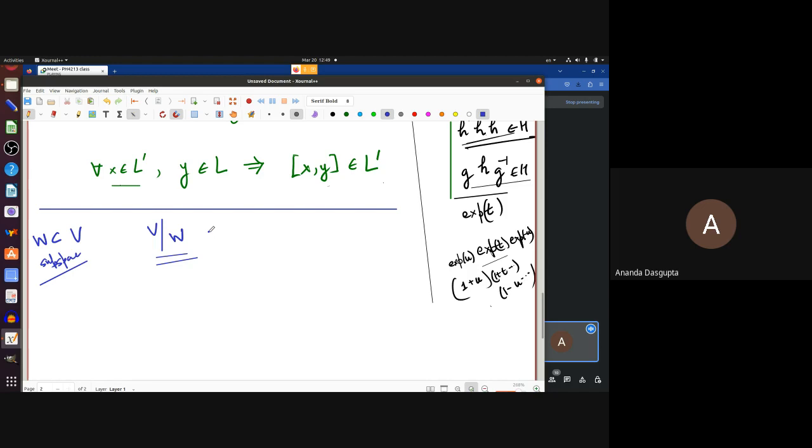Look, whenever you say quotienting is being done of one object with another, you essentially are doing something called identification. You are essentially taking multiple elements of V, clubbing them all together, talking of them as the same unit. And of course, when you are clubbing them together, you're clubbing them together using some kind of equivalence relation. And of course, W has to play a role in that equivalence relation.